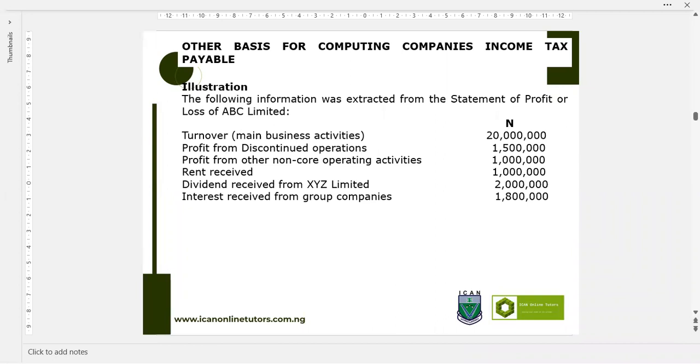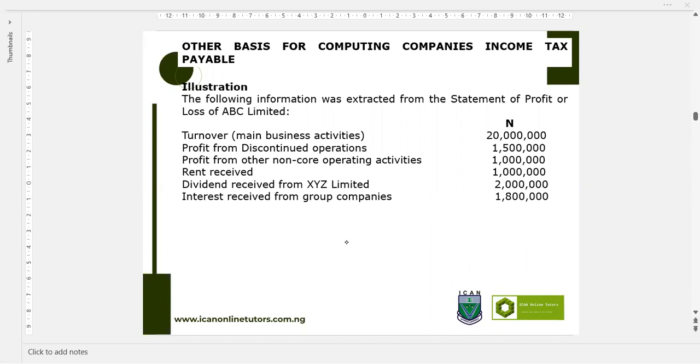Based on the provision of the Finance Act of 2019, what is the first thing we are looking at? I think it's to check the turnover if it's less than 25 million or more. So we have to check the turnover if it is less than 25 million naira or more.